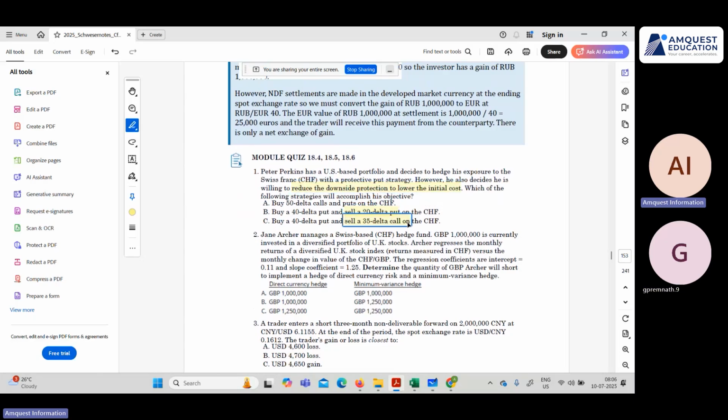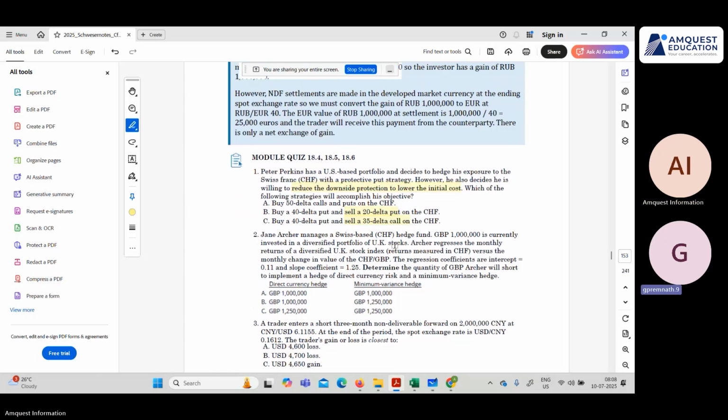Even C will reduce the cost, but in C you will still be protecting your downside completely. But in B you will compromise on the downside, which is what they said they are willing to reduce. Hence B is the right answer. Clear? Yeah. Clear. So for this one, the answer is B.